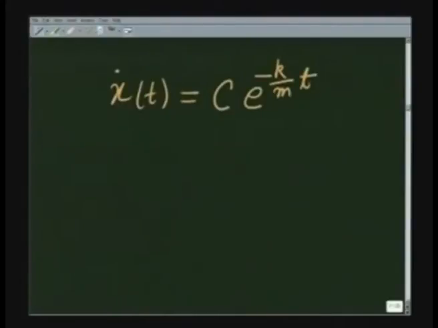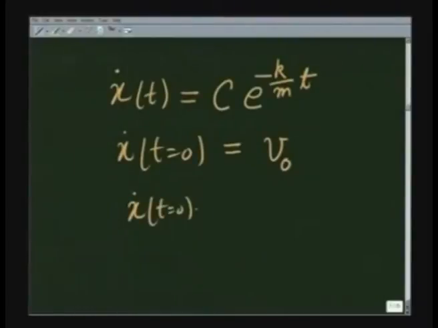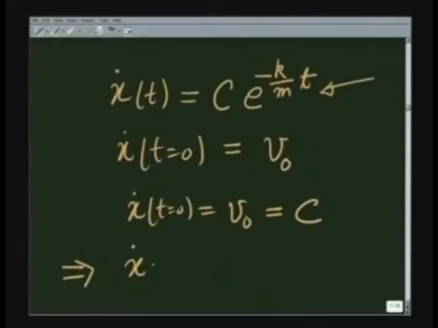What is c? Let us write x dot at t equal to 0, that is the initial time, I throw the particle with speed v0, and therefore I must have x dot at t equal to 0 equal to v0, and when I substitute t equal to 0 here, I get this is equal to c. Therefore my general solution is going to be x dot, that is the velocity of the particle, equal to initial velocity v0 e raised to minus k over m t.